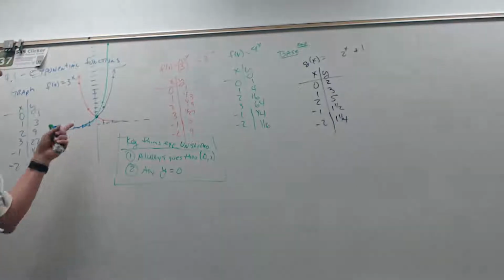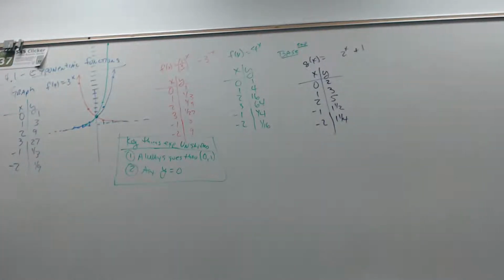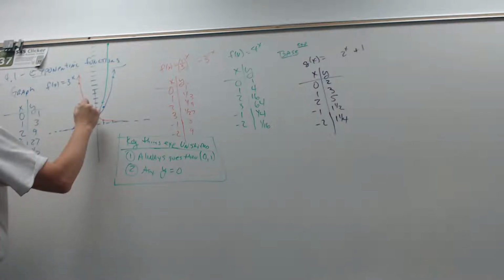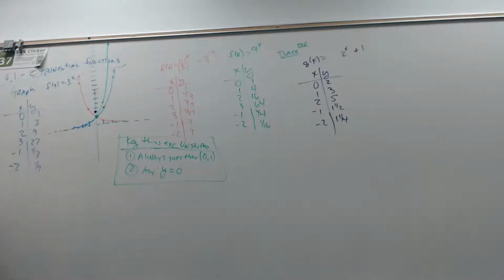Okay, so let's go back to here and let's see what happens. I've got 0, 2. Is that good enough information to say what happens to my graph? It's not? Okay, what if I go to 1, 3?